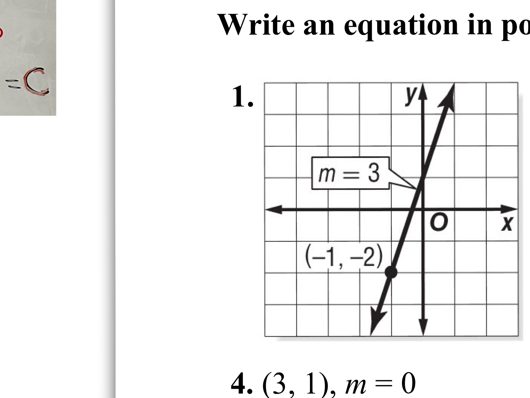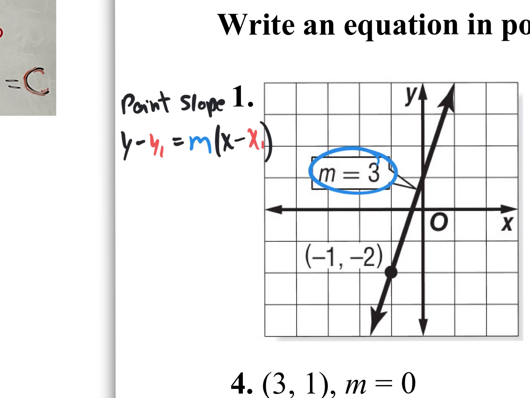So the formula is y minus y1 equals m parenthesis x minus x1. So do we know our m value? Yes, we do. Do we know our x1, y1? Yes, we do.